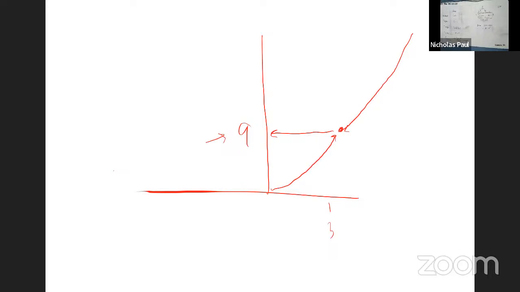So the limit of x squared as x approaches 3 is 9. That's what I mean by limit. What y value will the function be when x approaches 3? Are you okay with that?